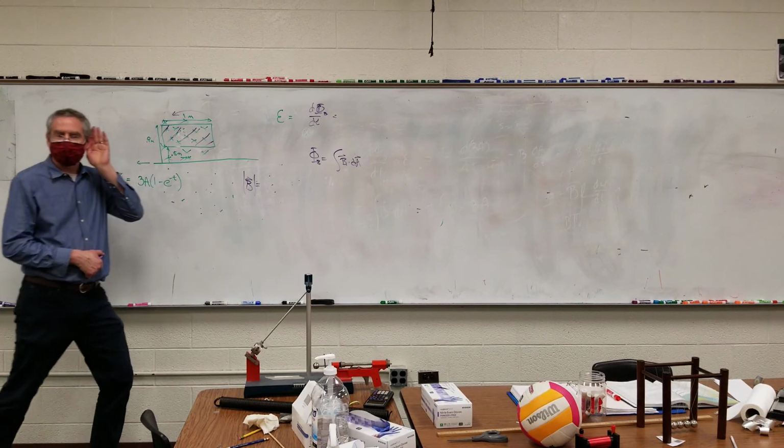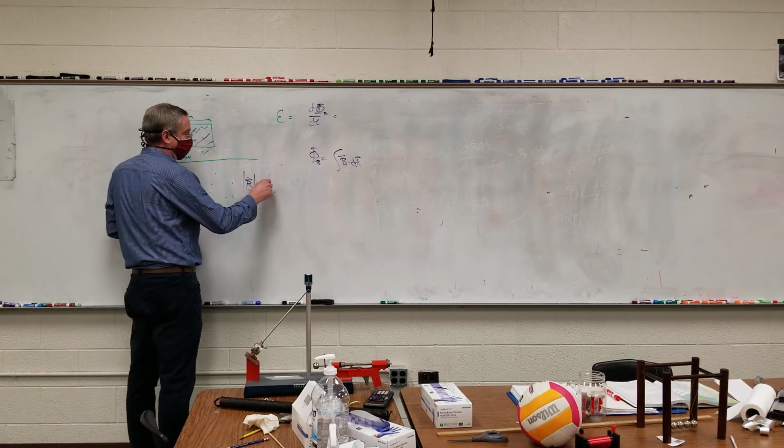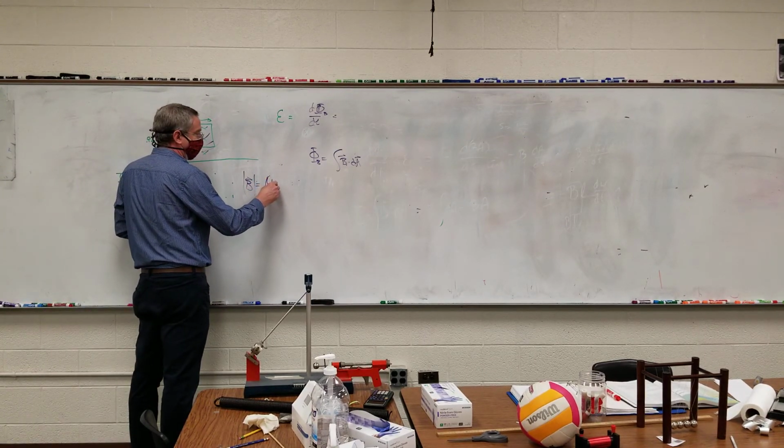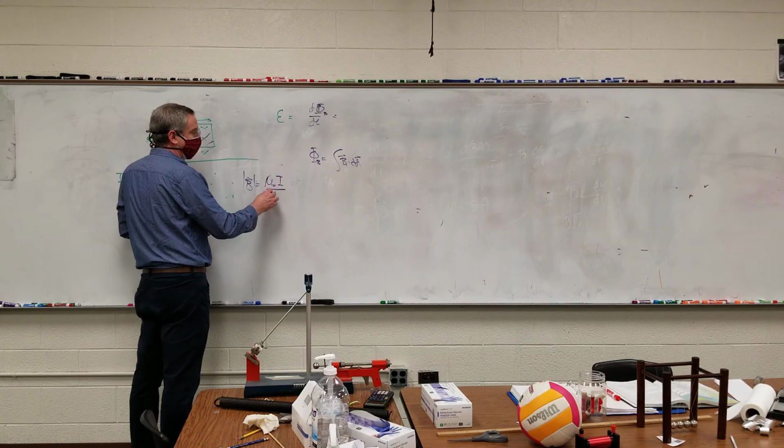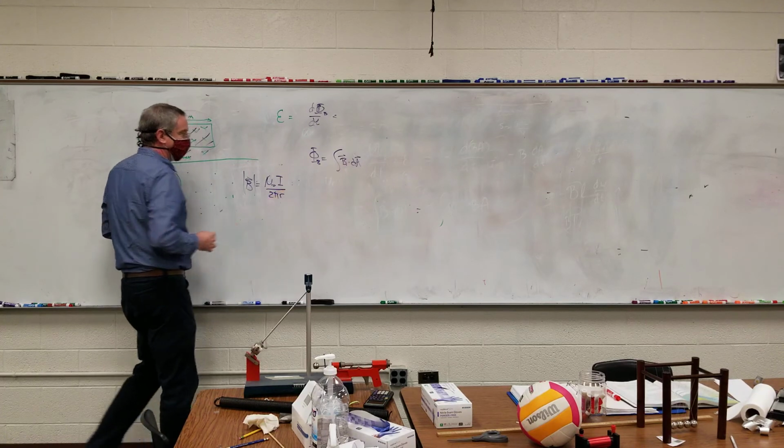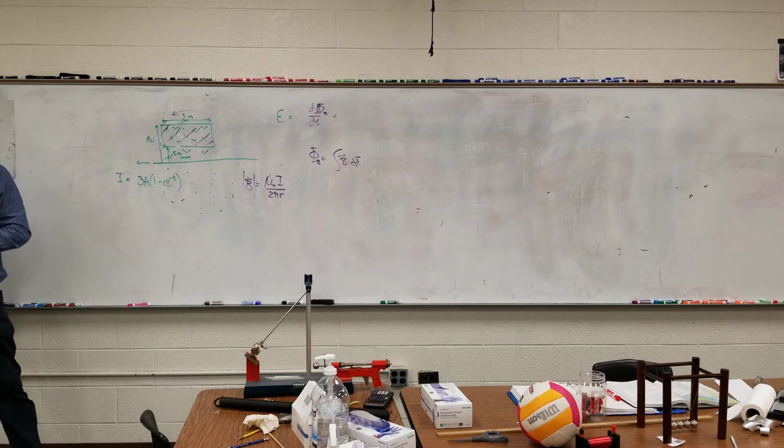Mu sub naught I divided by 2 pi r. That's the magnetic field coming from an infinitely long wire.